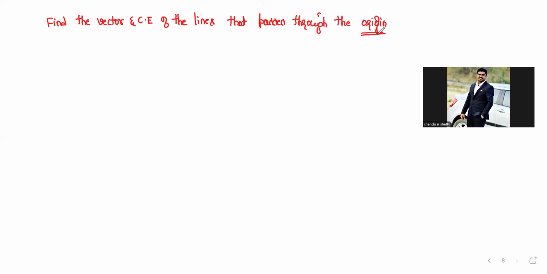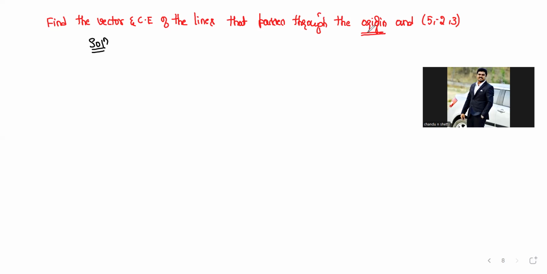Passes through the origin, this is the main point. Clear? So my dear students, all of you should observe this. I will solve this easily, so you can understand easily.